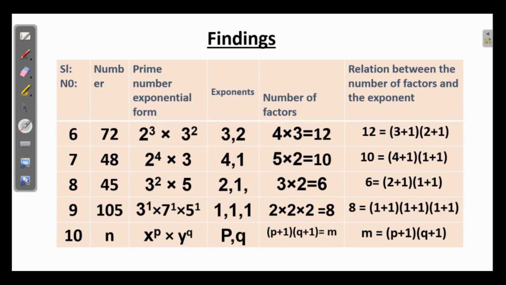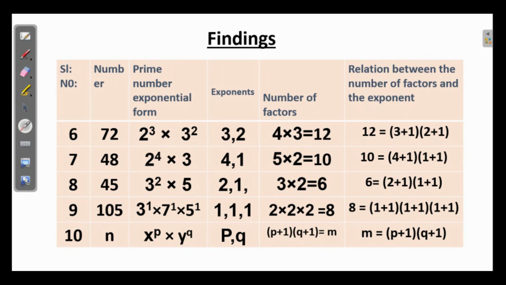Here see, for any number n, if n can be written as x power p into y power q, a product of powers of prime numbers, where p and q are the exponents, then the number of factors will be p plus 1 into q plus 1.